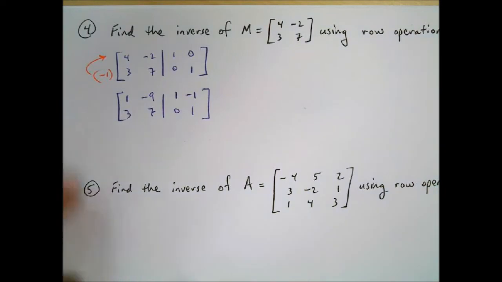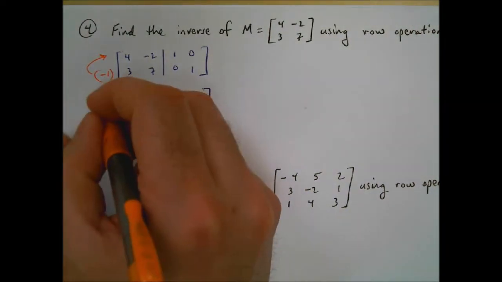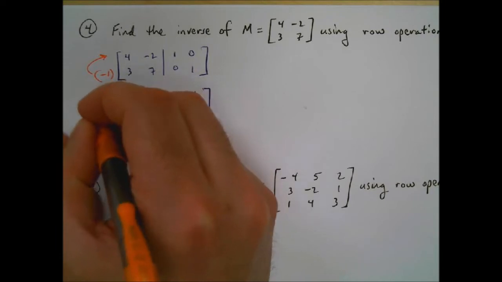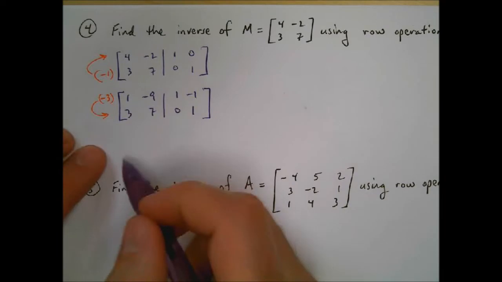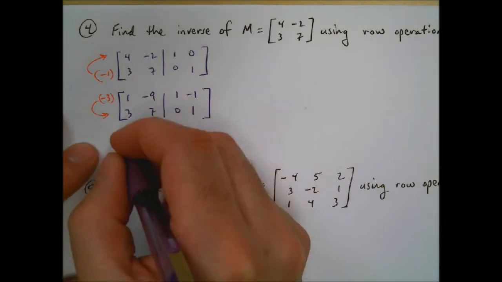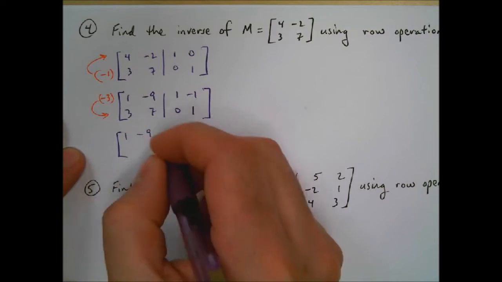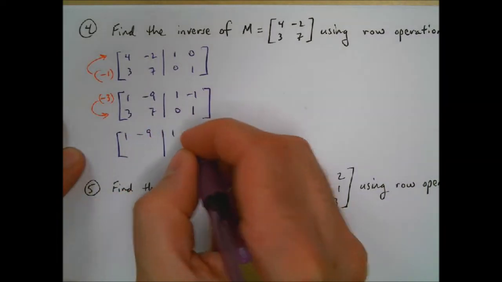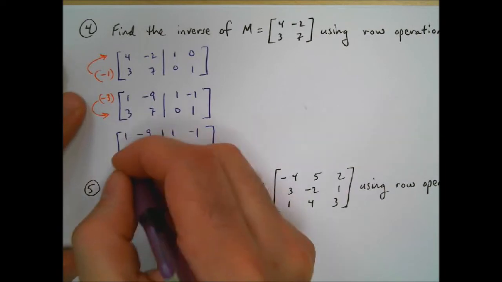Okay, so that's good. We've got the 1 up there, and now I think I would multiply that top row by -3 and add it to the bottom row so that I get the 0 beneath it. Okay, now the top row is not actually changing. 1, -9, 1, -1. Okay, so we get -3 plus 3 is 0.